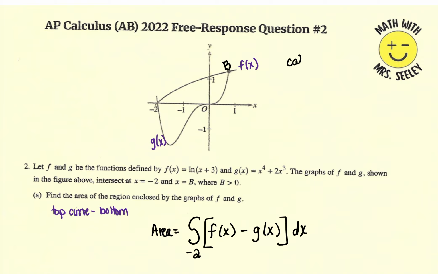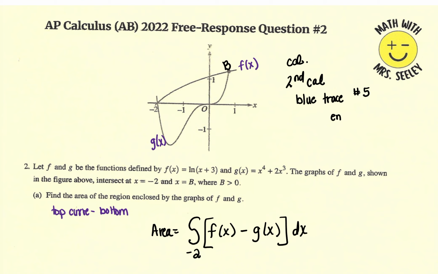So go to your calculator, type in your two functions, f of x and g of x, and then to find the intersection, if you'll recall, you go to second, calculate, or some people think of it as blue, trace, and you want option number 5 because that's your intersect option.